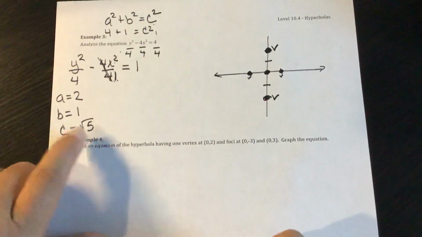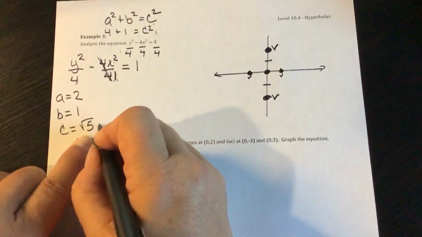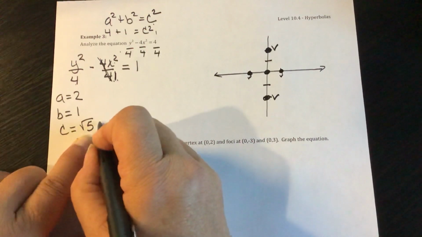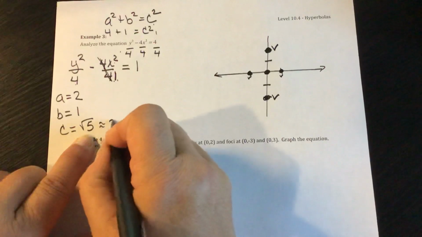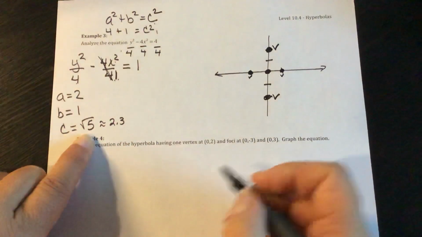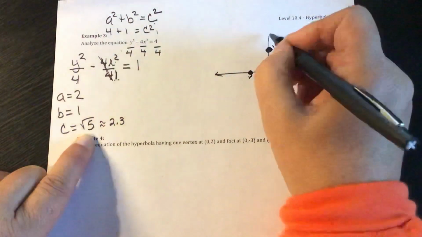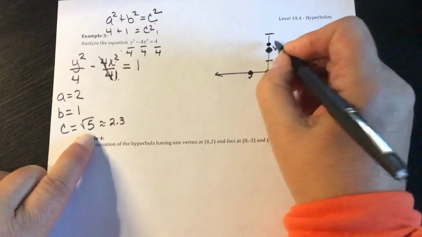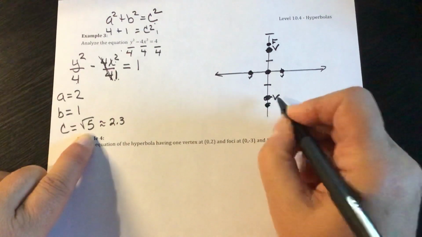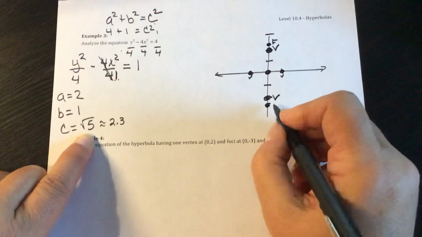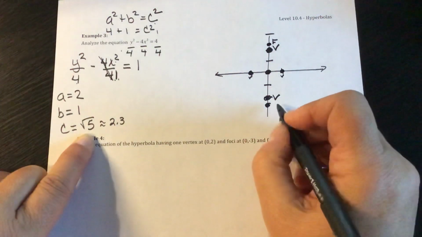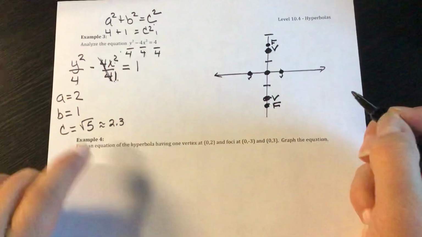And my foci is the square root of 5, which is just a little bit more than the square root of 4. So that's going to be about 2.3-ish. So it is a little bit more than 2. So I'm going to have foci just a little bit past my vertices on the positive and negative part of the axis.